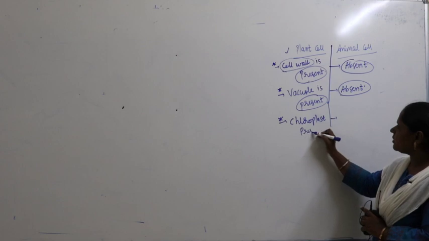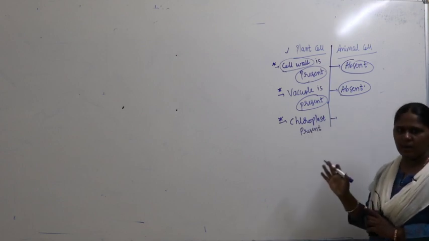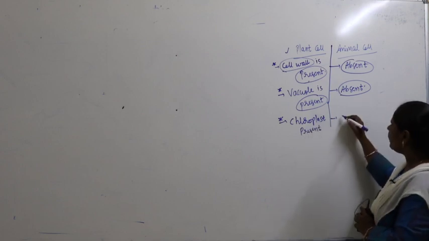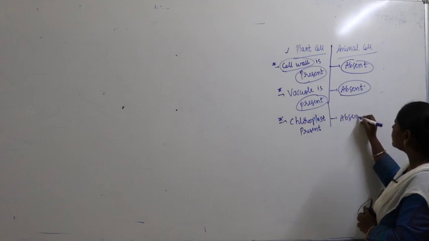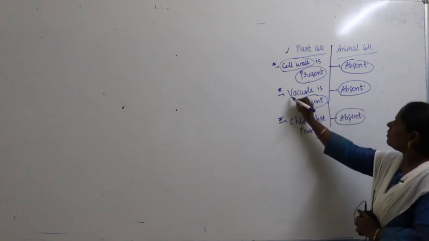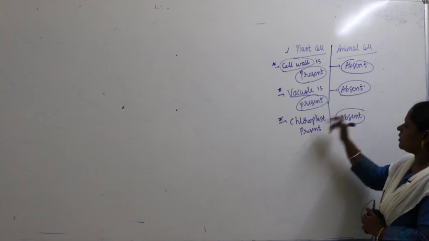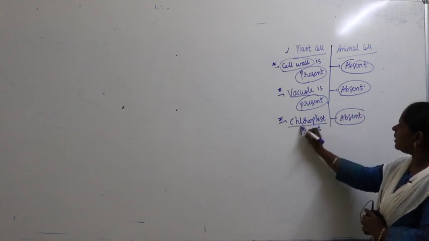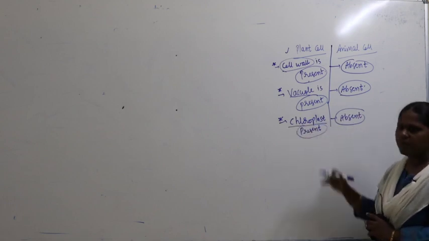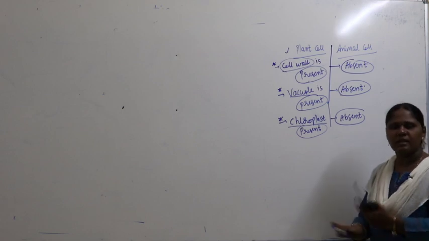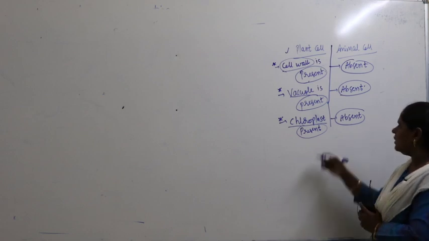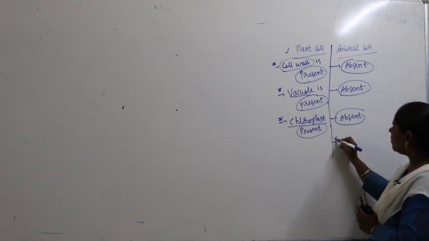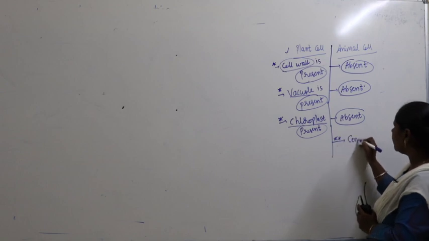Chloroplast is present because the green parts of the plant contain chloroplast. In animals, chloroplast is absent. Vacuole is present or absent, chloroplast is present or absent. Then what is present in animals? There is a very important cell organelle called the centriole.